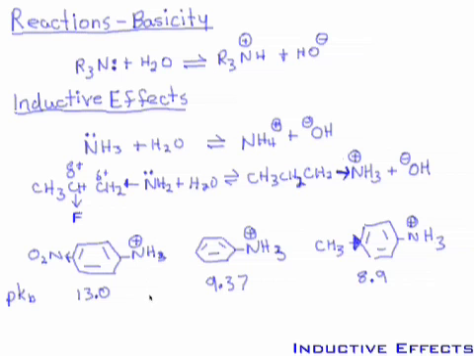And so let's redraw these structures, if we could. Okay, and let's start with the methyl, in the toluidine case. In the toluidine case, with the methyl, I have NH2 with a lone pair.